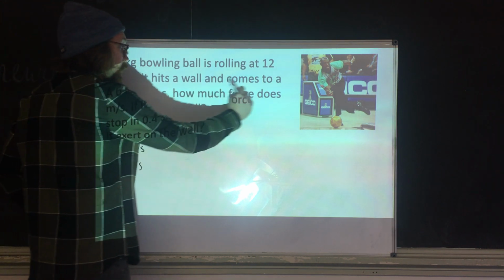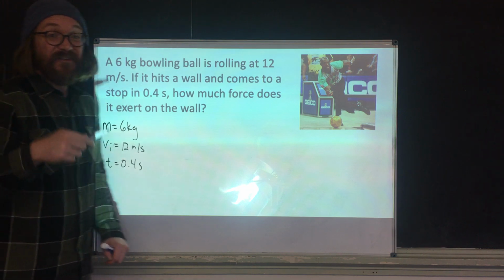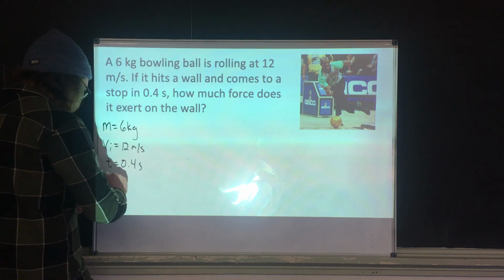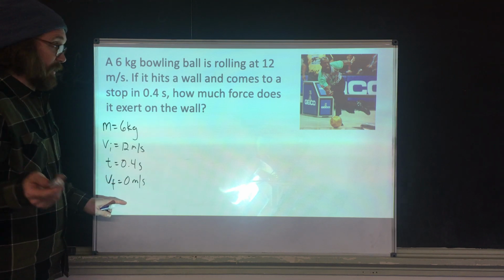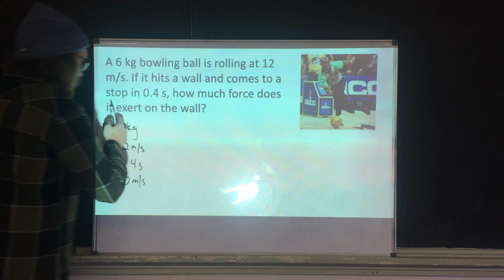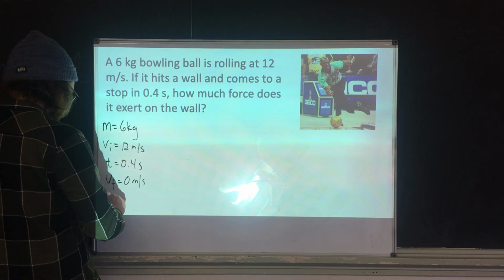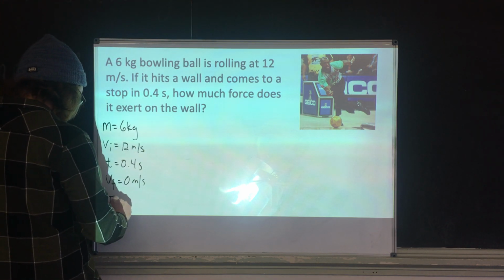If it stops, that means we know our final velocity is, you guessed it, 0, because it came to a stop. How much force is exerted on the wall? We want to know what the force is.